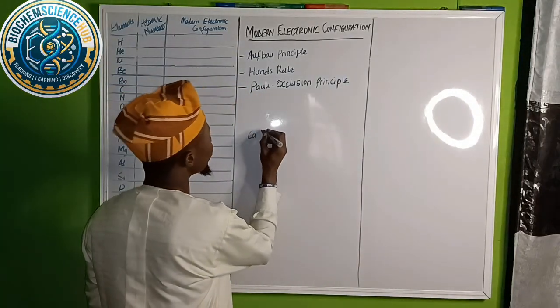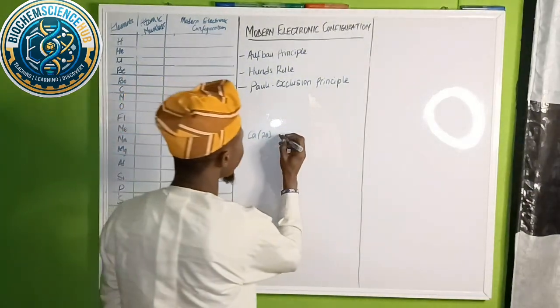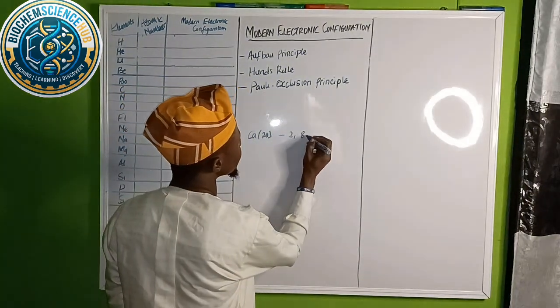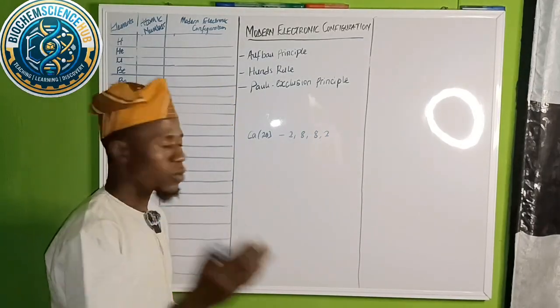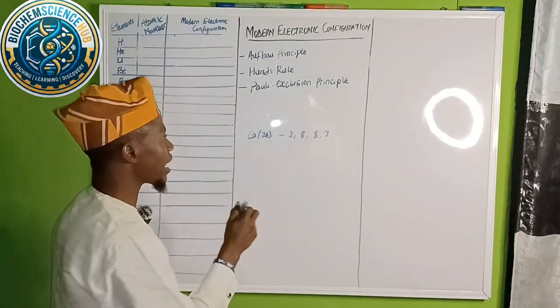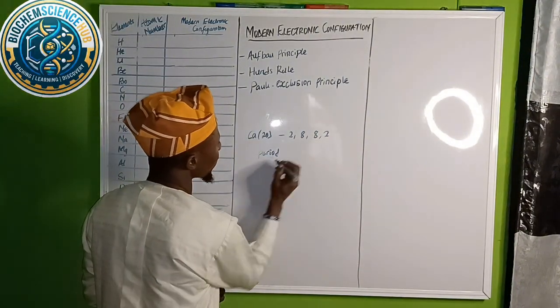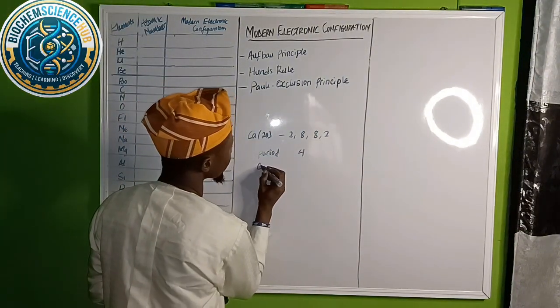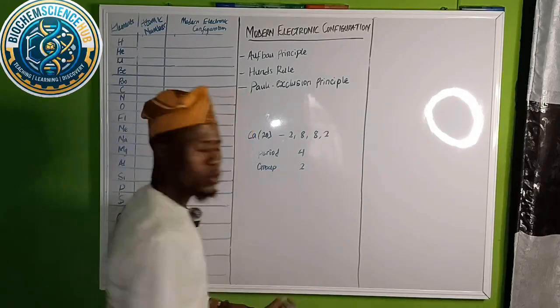For calcium, we know it is 20 on the periodic table, and that's 2, 8, 8, 2. So I can tell that calcium belongs to period 4 and group 2.